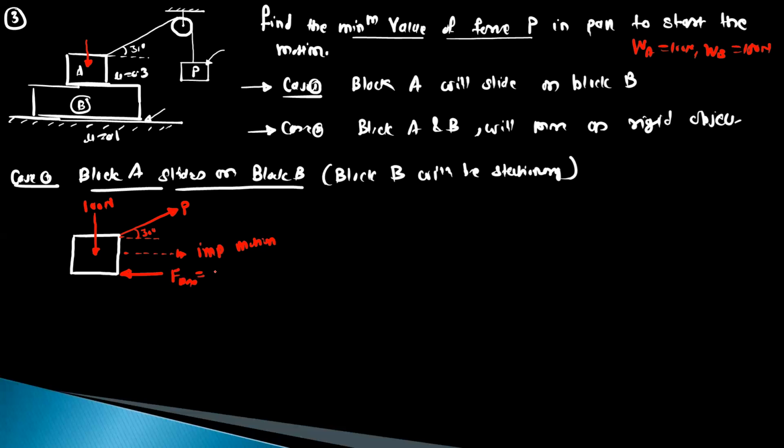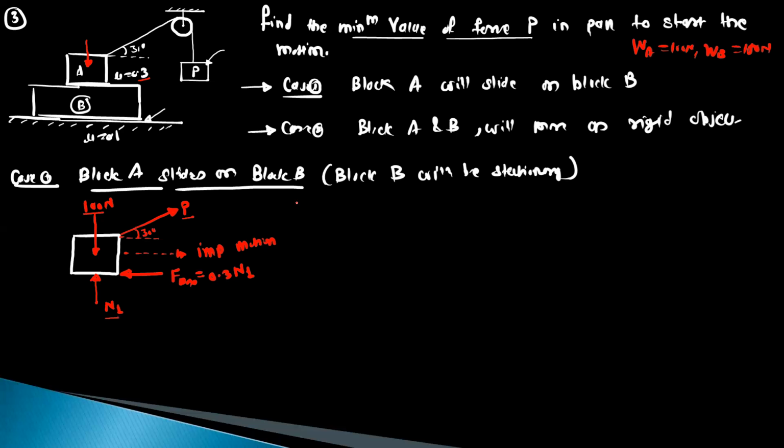This is equal to the coefficient of friction, 0.3, into normal reaction. So this is the normal reaction at the contact surface. We will consider this as N1. So 0.3 into N1. So only three forces: one is the self weight, second is the external force P, and third is the normal reaction N1.